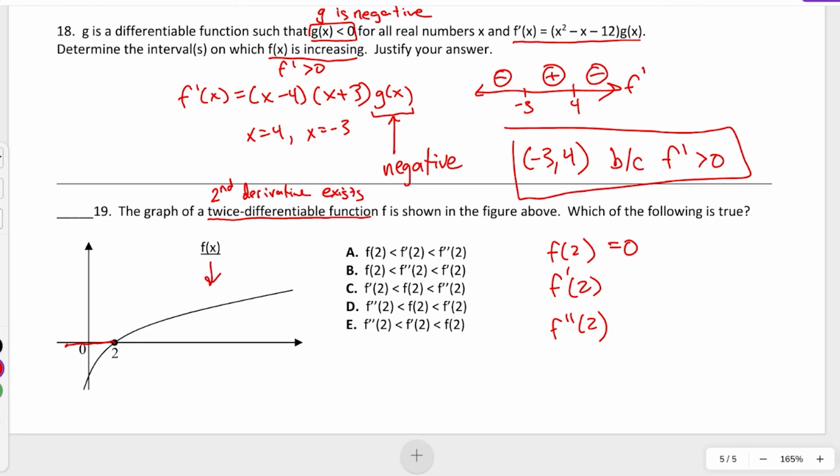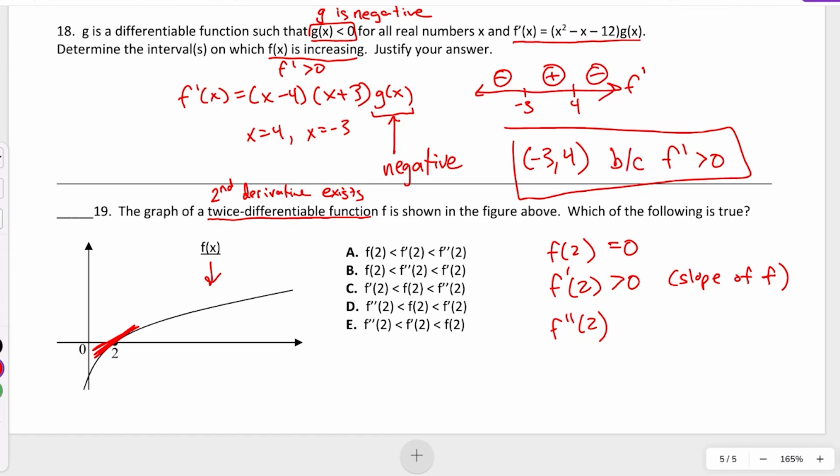Okay, just to be clear, this is f of x. f prime is talking about the slope. Now, we don't have an actual value here, but we can see that the slope of the tangent line at 2 would clearly be positive. Remember, this is the slope of f. And that slope is positive.